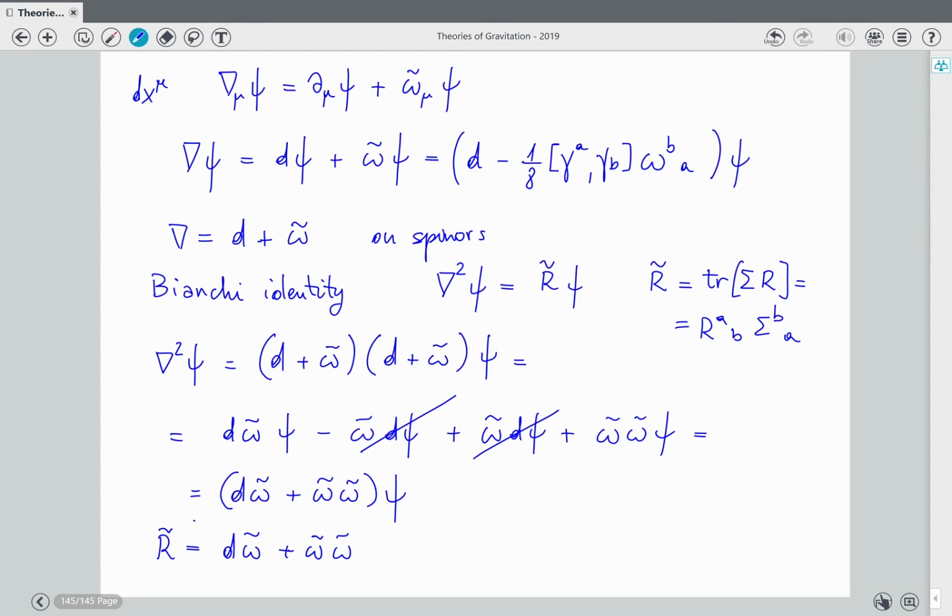So is it true? Let's see. Omega tilde is the trace of sigma omega. So d omega tilde is a trace of sigma d omega. And the rest is, instead of writing traces, let me write the contraction explicitly, which is better.